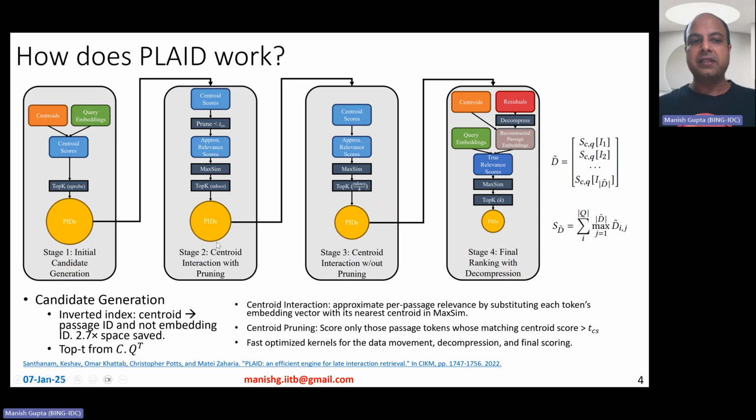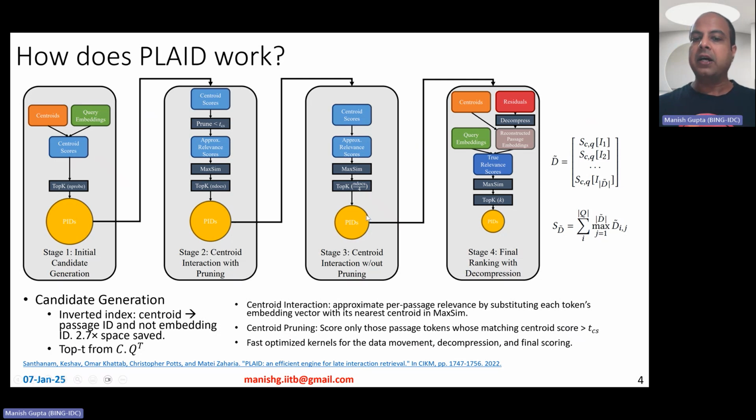The interesting part is that you get rid of a whole bunch of documents, because their passage tokens belonged to centroids which have a very small similarity score with respect to the query tokens. So you remove those centroids at this stage. Then in the next stage, you compute the similarity between the remaining passages and the query tokens in terms of the centroid interactions.